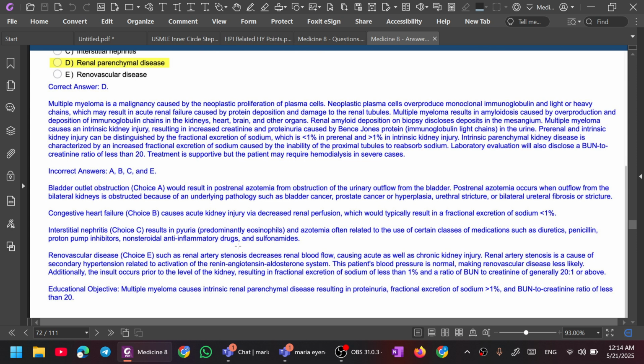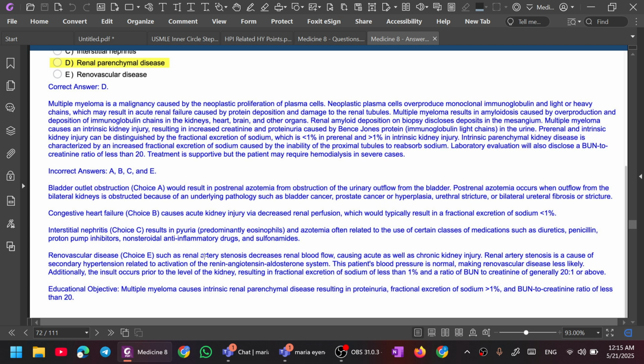Multiple myeloma results in amyloidosis caused by overproduction and deposition of immunoglobulin chains in the kidney, heart, brain, and other organs. Renal amyloid deposition on biopsy discloses deposits in the mesangium. Multiple myeloma causes an increase in kidney injury, resulting in increased creatinine and proteinuria, caused by Bence Jones protein, immunoglobulin light chains in the urine.